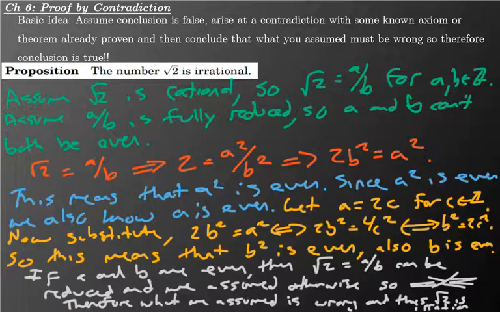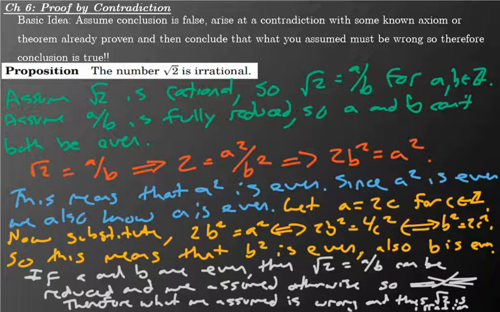And so we get this weird contradiction where it basically would be reducible. So you would get that a squared and b squared, or a and b, are both even. And so that's an issue. You wouldn't be able to get that if it was rational. So what we assumed, it being rational, is wrong, and thus it must be irrational.